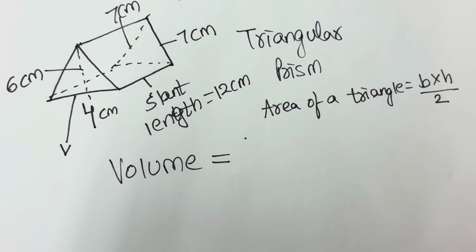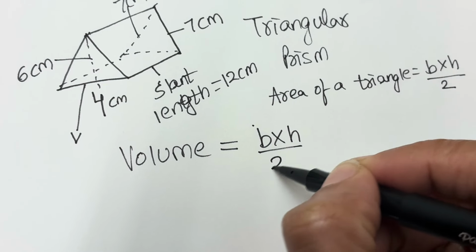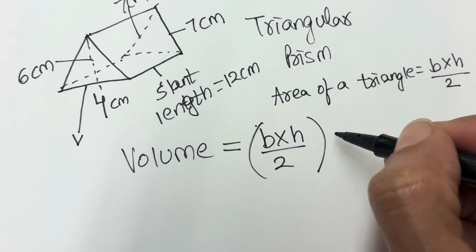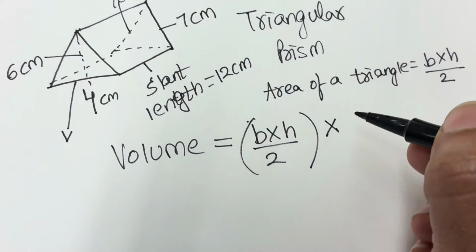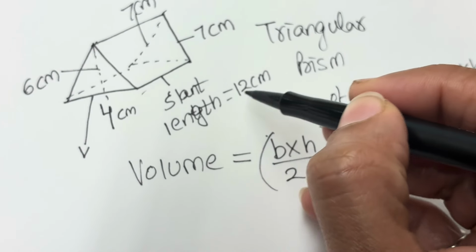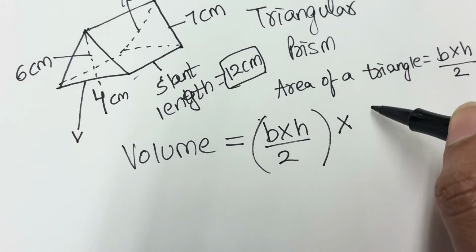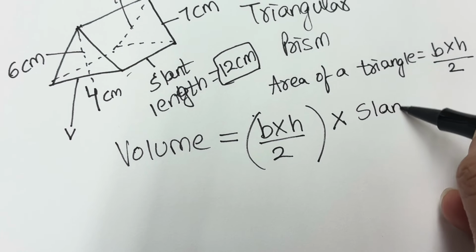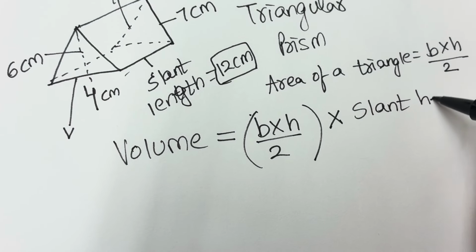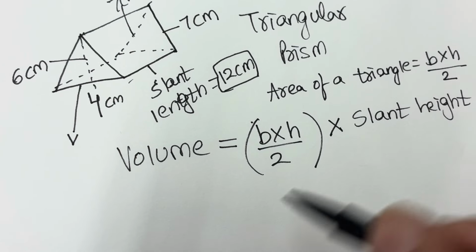So let me write that formula here. This is my area of the triangle, and I am taking that and multiplying with the slant length here, and my current slant length here is 12 centimeters. So we need to take the base and height of the triangle and then multiply with the slant height.